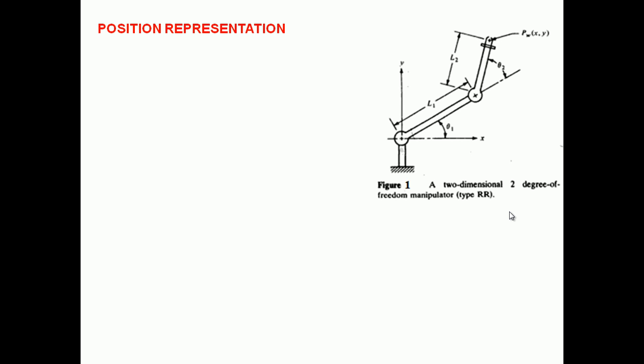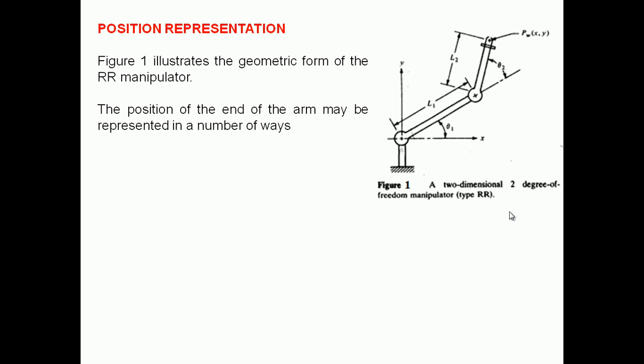The end effector point, or the end of the two links, has position PW (x, y). It's a planar mechanism, so we have x and y. Figure 1 illustrates the geometric form of the RR manipulator. As I told you, RR means revolute and revolute.